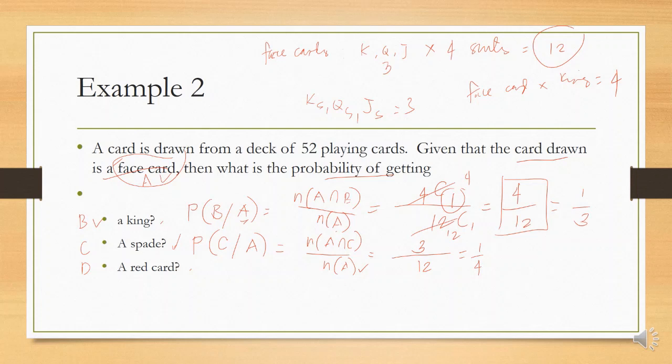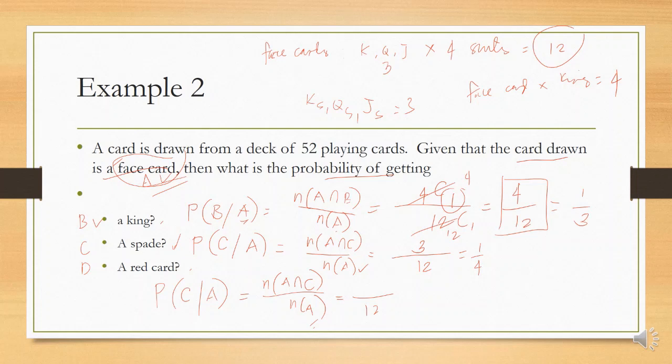Okay, the next one is the probability that it is a red card given that it is a face card. Palaging ito ang first event natin, okay, kapag conditional probability. Now, this one will be n of A intersection C over n of A ulit. So, alam natin na this one is 12 face cards to eh. Ngayon, ang tanong, ilan ang face card na red card?